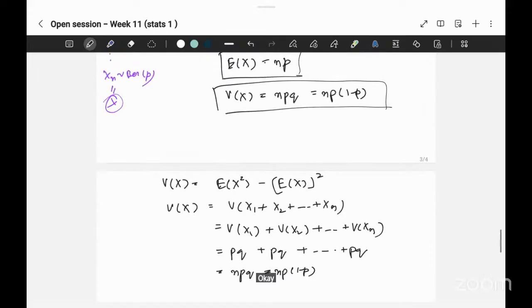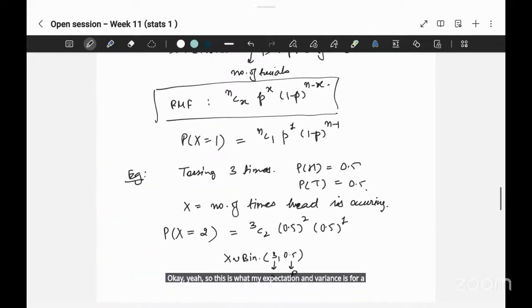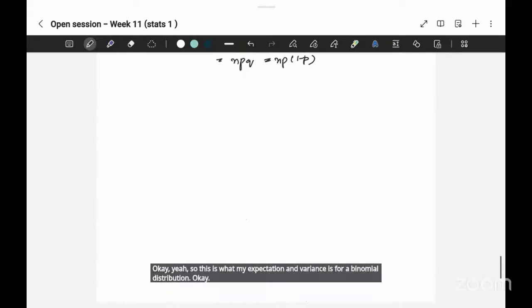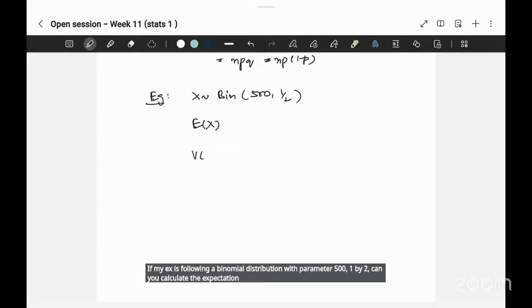Okay, so this is what my expectation and variance is for a binomial distribution. So if my x is following a binomial distribution with parameters 500 comma 1 by 2, can you calculate the expectation and the variance?